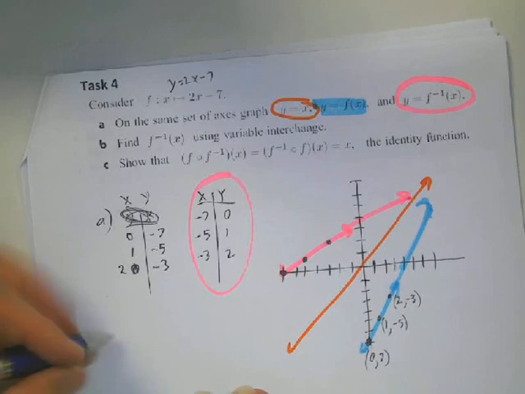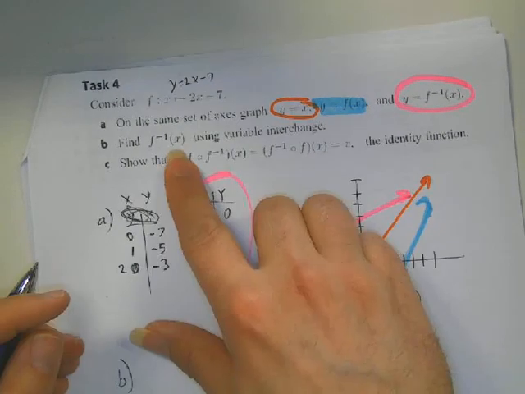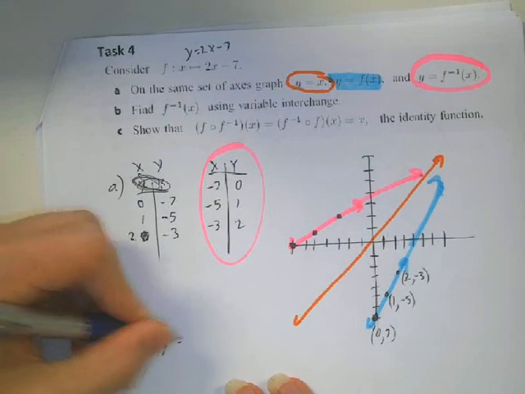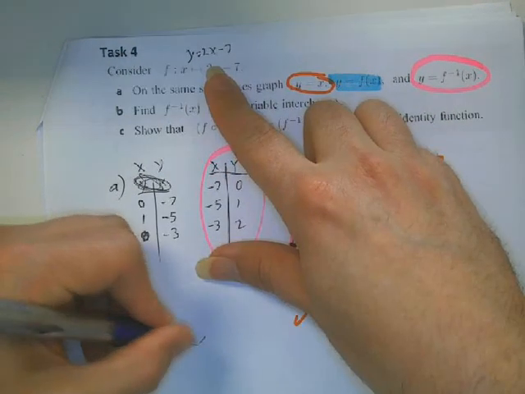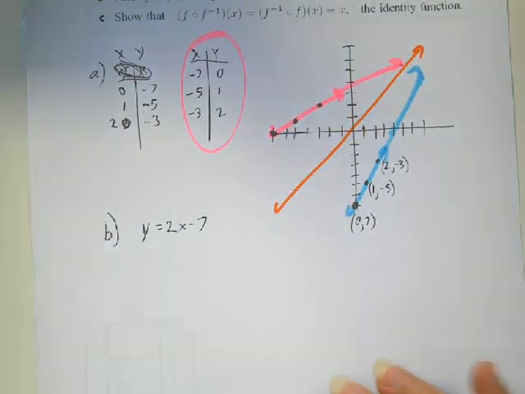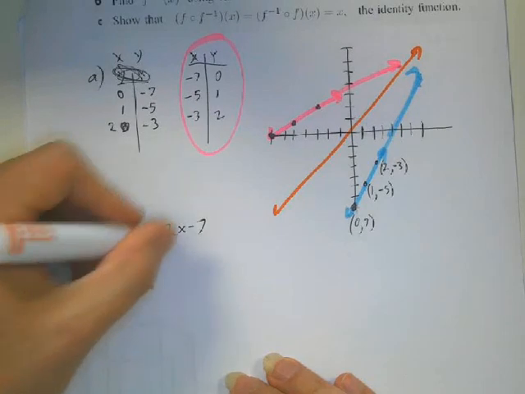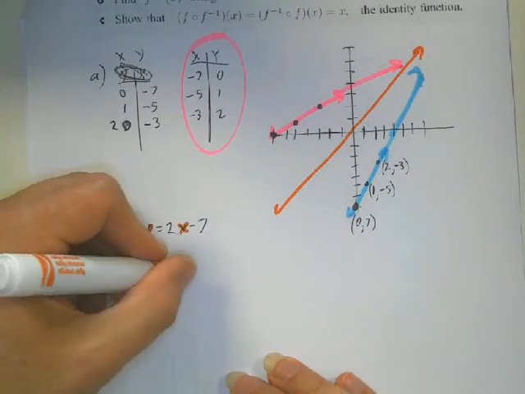Question B. Find the inverse function. Okay, so we know that my original function is y equals 2x minus 7, right? So we're going to switch the y, we're going to turn that into x, and we're going to switch that x and turn that into y.